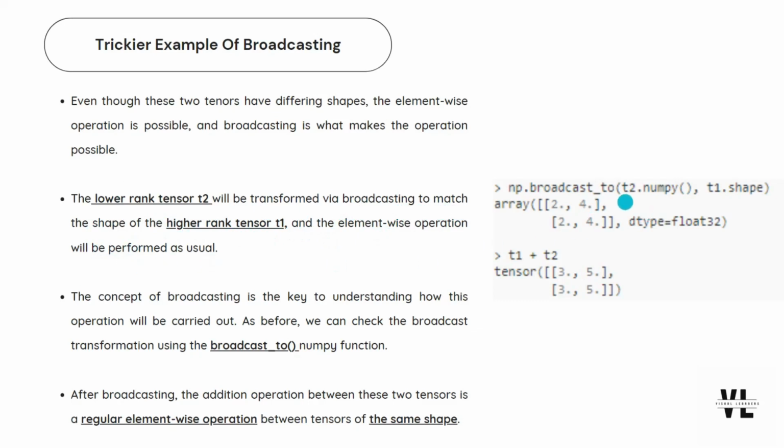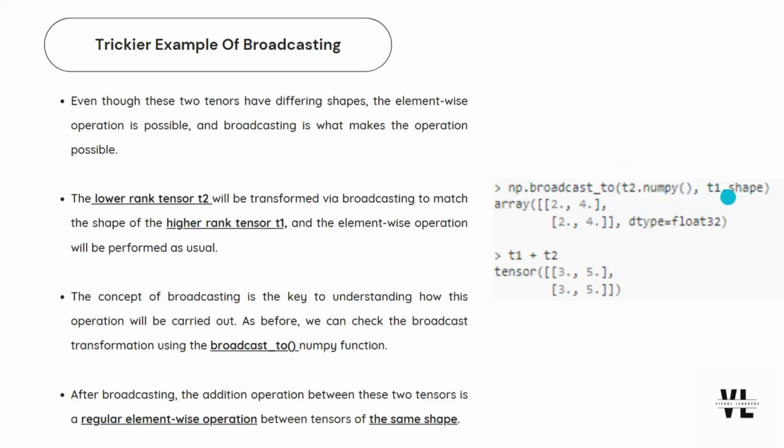So we're going to broadcast T2. T2 is a tensor, so now we're just converting it back into a NumPy array in order to use the NumPy function. And we use the broadcast_to method to broadcast the second tensor into the shape of T1.